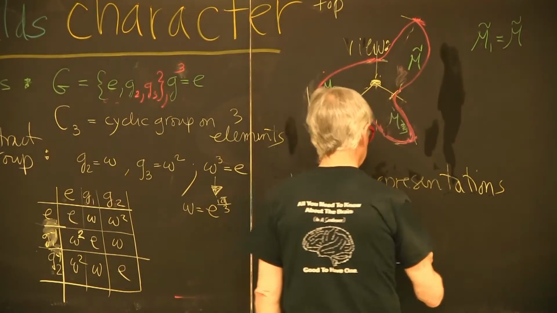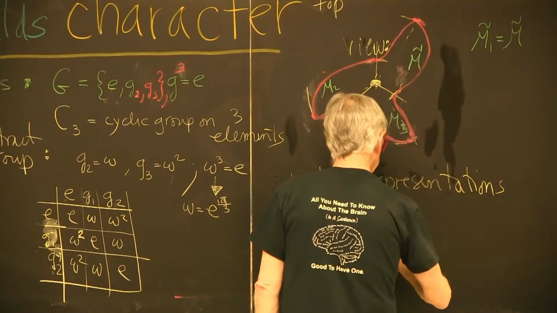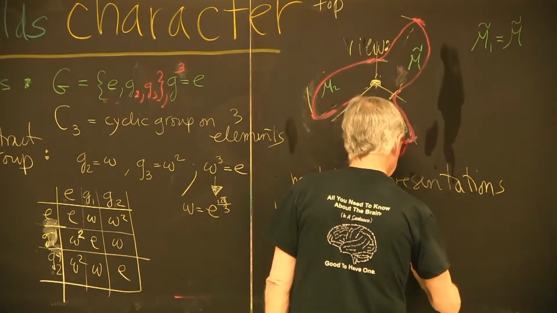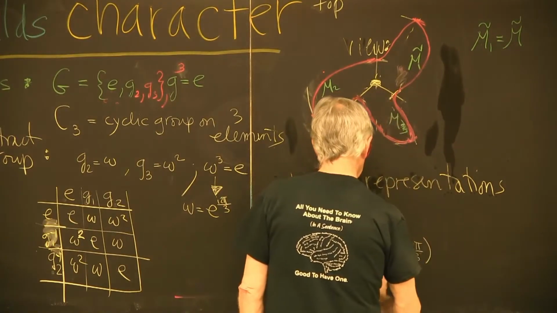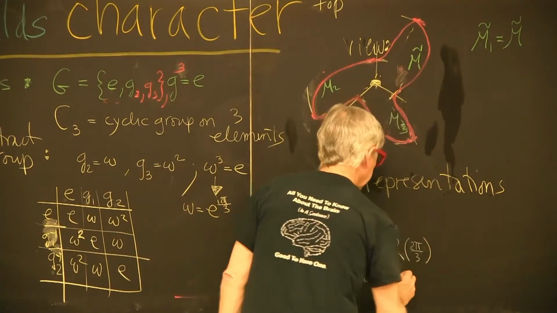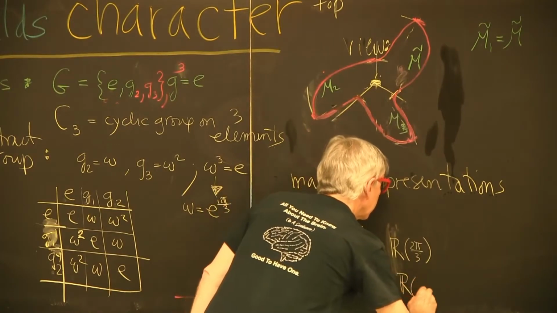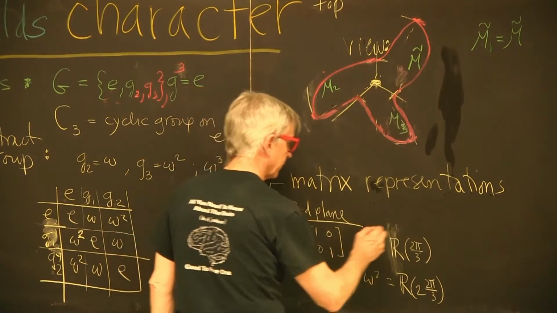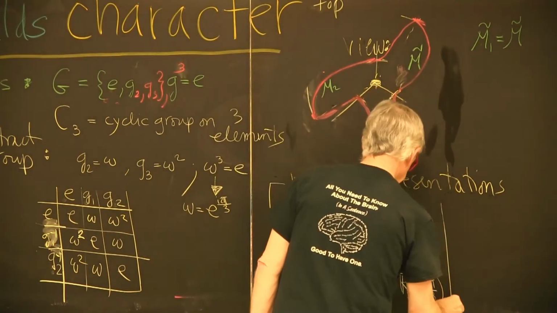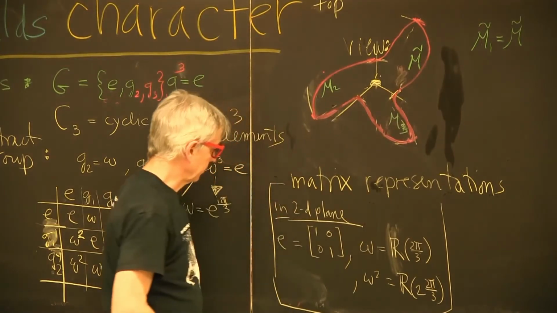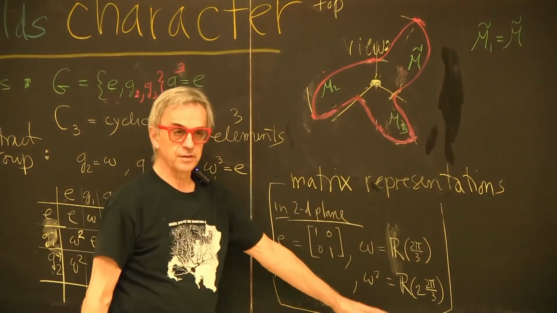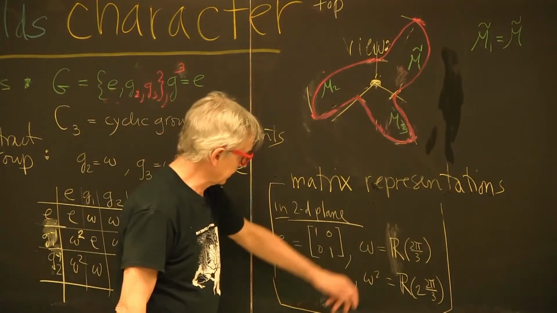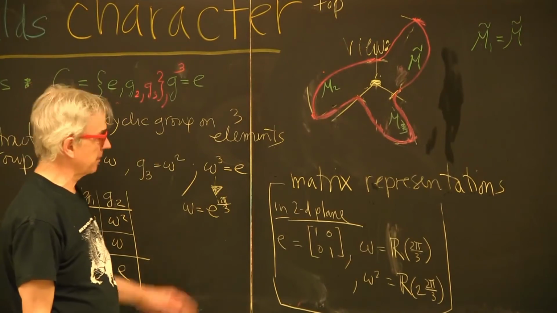You can write it as, I won't even write sines and cosines, but just rotation by 2 pi over 3. And omega square, or the second element, is rotation by 2 times. That's an example of a matrix representation. Now, in your particular problem, you might be in a zillion dimensions, and the matrix could be huge. But all it does is it has a property that if you repeat it more than 3 times, you're back to unity.